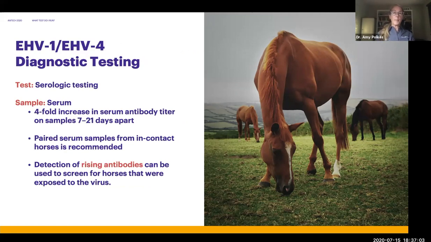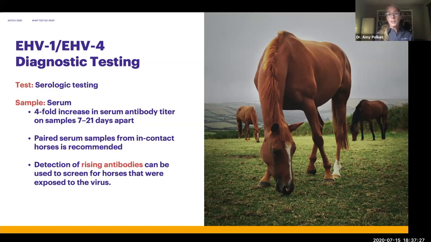So where I would say that serologic testing is most helpful for this disease would be if you get paired serum samples from in-contact horses who did not become ill, so you can see if they seroconverted, if they saw it, et cetera. Or you can also look for detection of rising antibodies to screen for horses that were exposed to the virus.